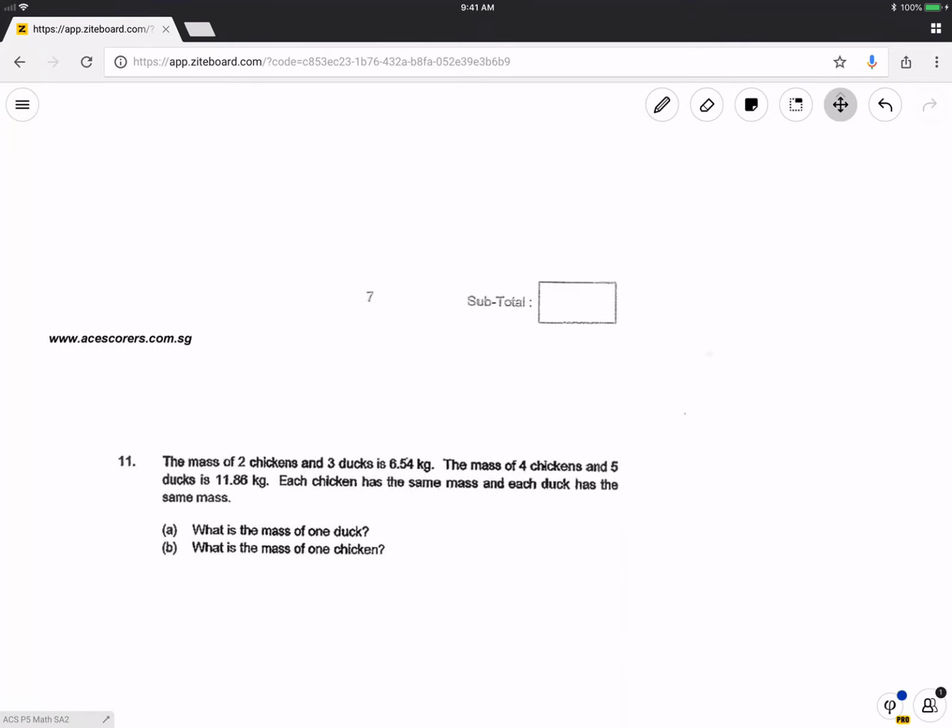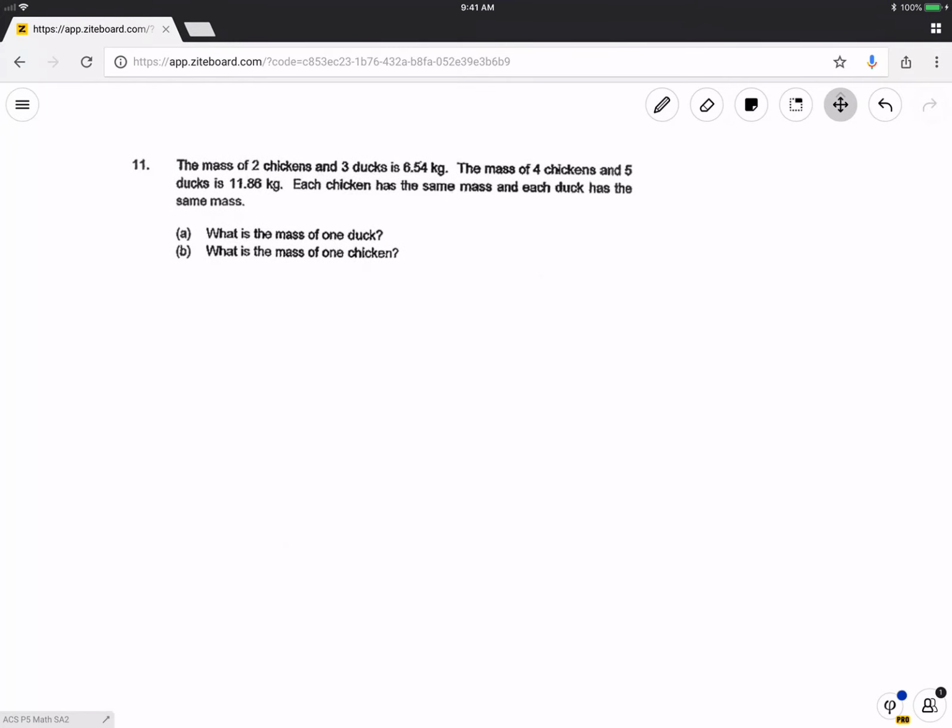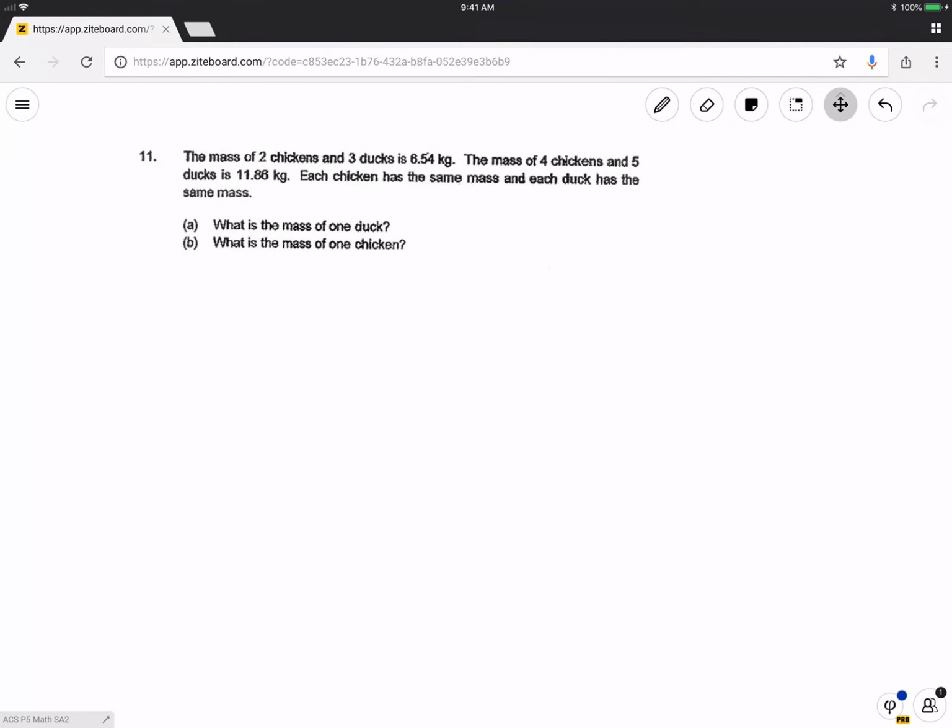Next. So the mass of 2 chickens and 3 ducks is 6.54 kg. So this is actually the first heuristic, right? If you have seen my Saturday's video, this is actually the, wait, let's read. The mass of 2 chickens and 3 ducks is 6.54. The mass of 4, okay, units and parts.